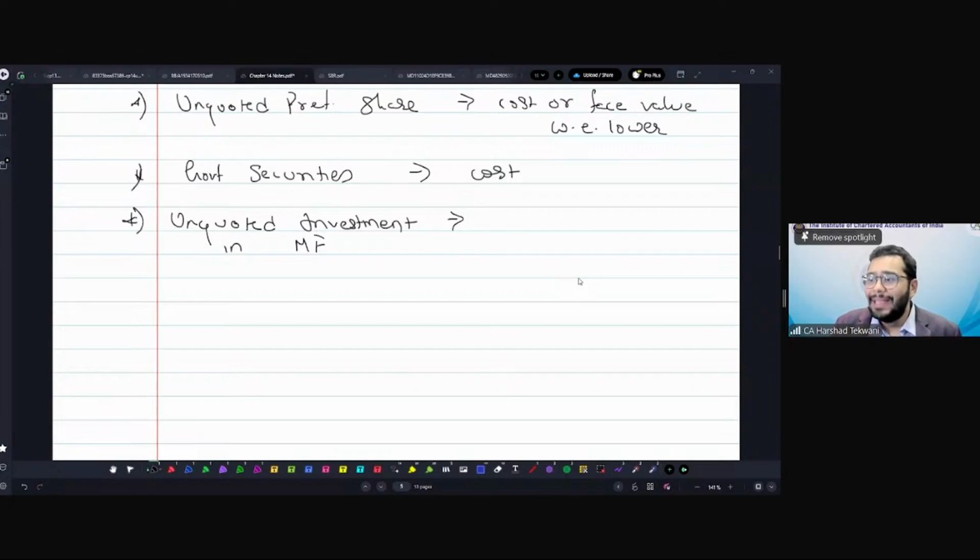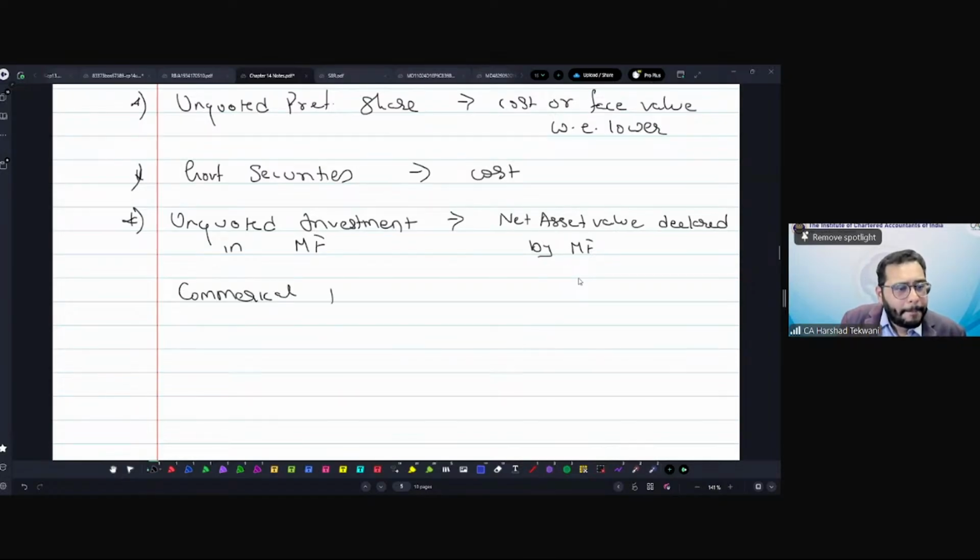They are valued at the net asset value declared by that mutual fund. Commercial papers at cost.